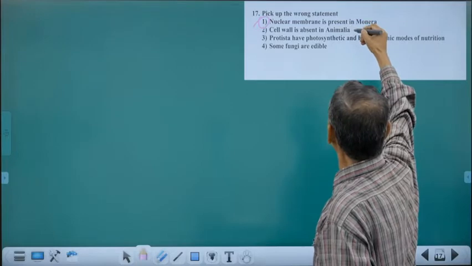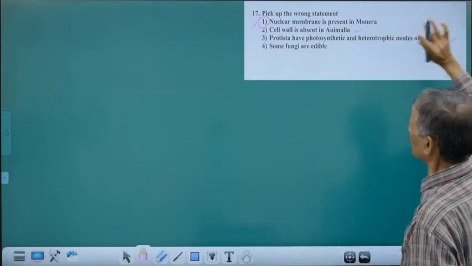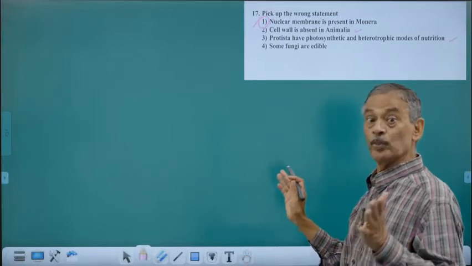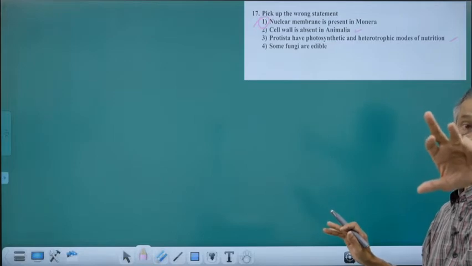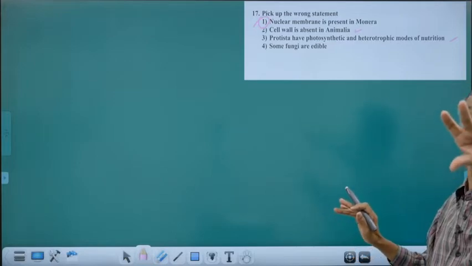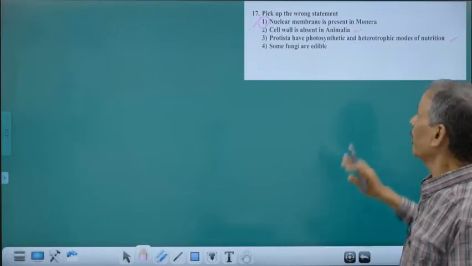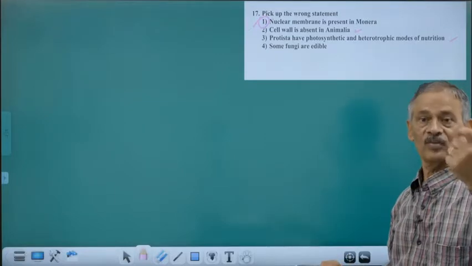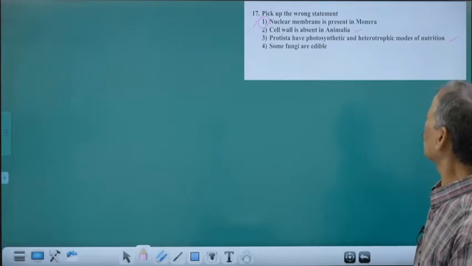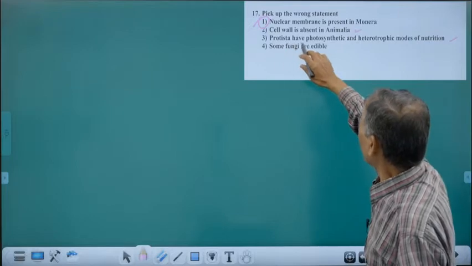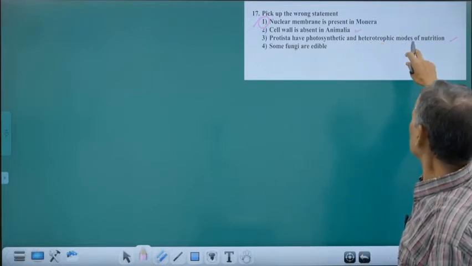Cell wall is absent in Animalia, correct. Protista have photosynthetic and heterotrophic types of nutrition, again correct. I told you Protista is a heterogeneous group. We have plant-like autotrophic ones, Chrysophyta and Dinoflagellata, mixotrophic Euglenoidea, saprotrophic slime molds, and animal-like Protozoa, which are holozoic.